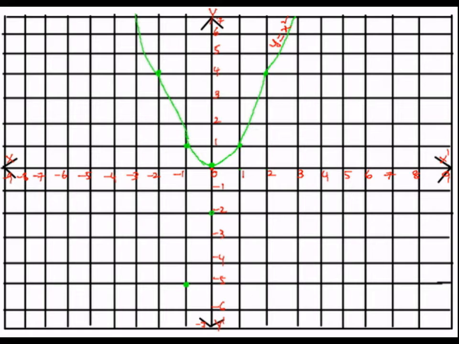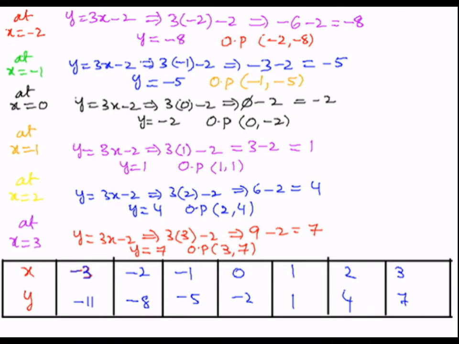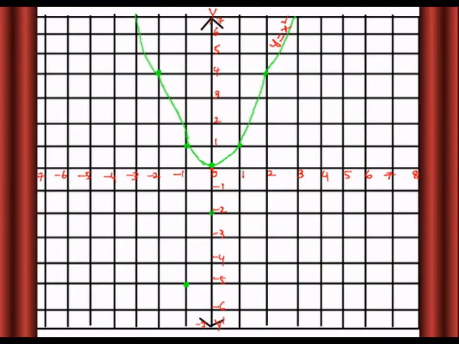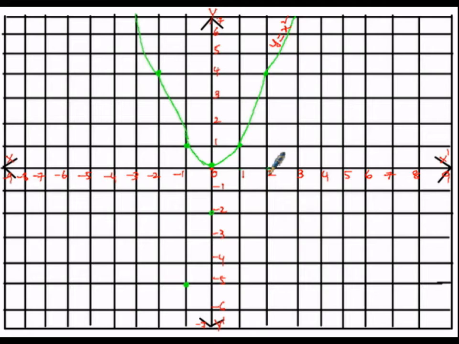Now, 2 comma 4, 3 comma 7 are the next two ordered pairs. So in this manner, you will be getting a straight line.